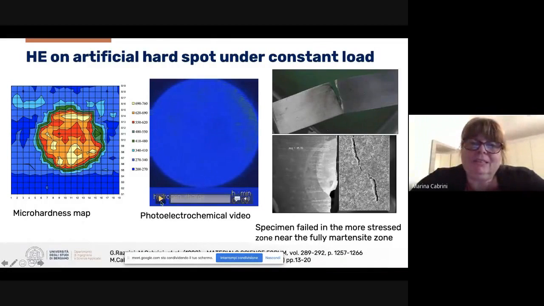Here we can see the accelerated photoelectrochemical maps of this hard spot.